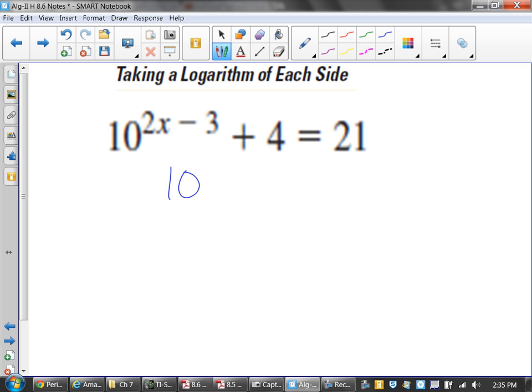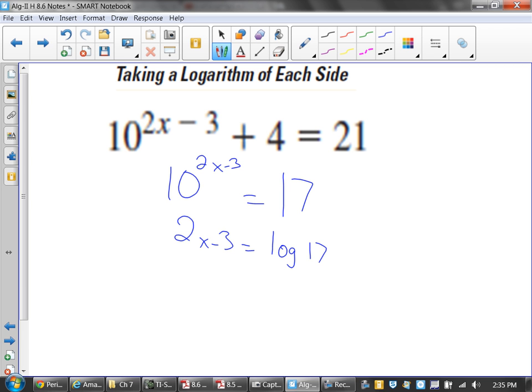Subtract 4, you get 10 to 2x minus 3 is 17. What log base would you have to do to get that exponent to drop now? Now, it's log base 10, so what could I just use? Log. So 2x minus 3 is going to equal the log of 17.